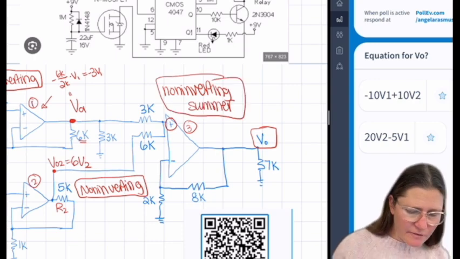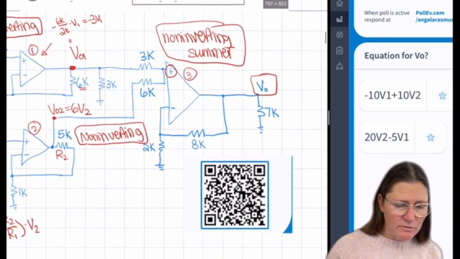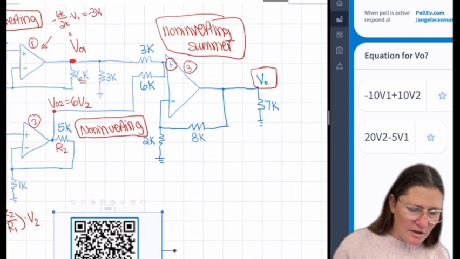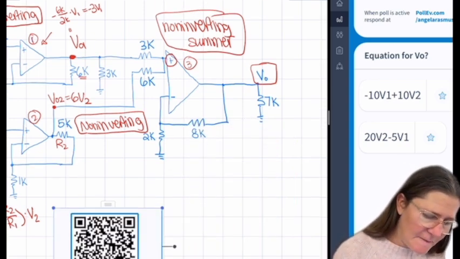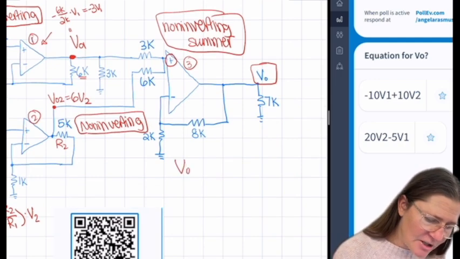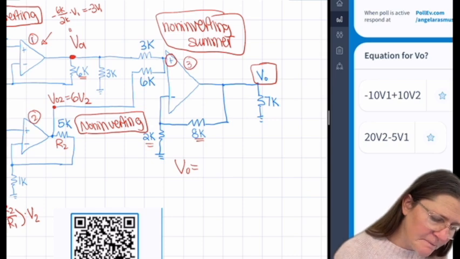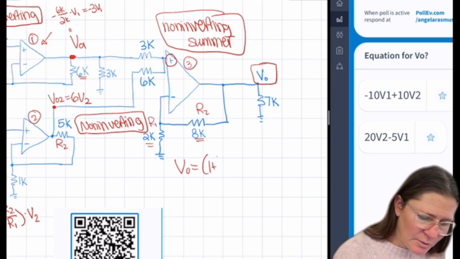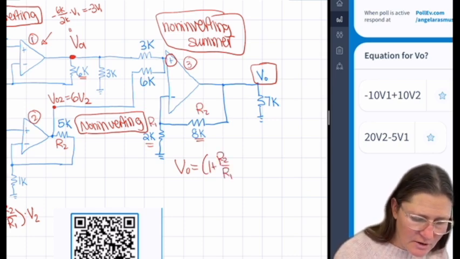The equation for a non-inverting summer is Vout equals this resistor over this one. I'll call those R2 and R1 again, so 1 plus R2 over R1.